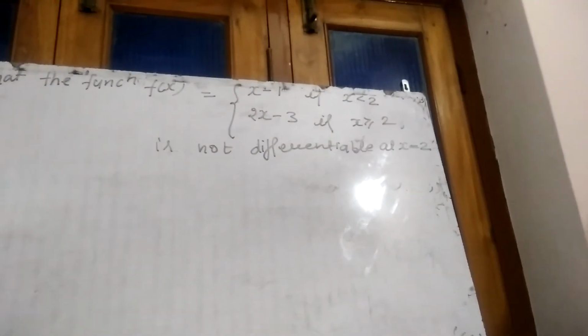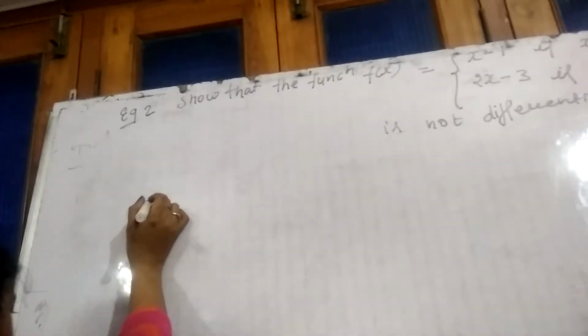And we get the next example: show that the function f(x) = x - 1 if x < 2 and 2x - 3 if x >= 2 is not differentiable at x = 2. In this question also we find the left hand derivative.